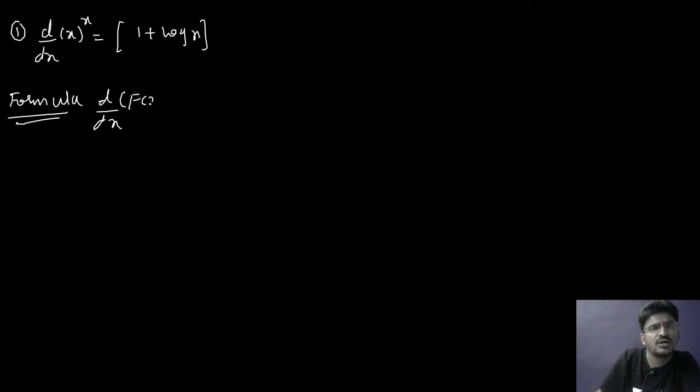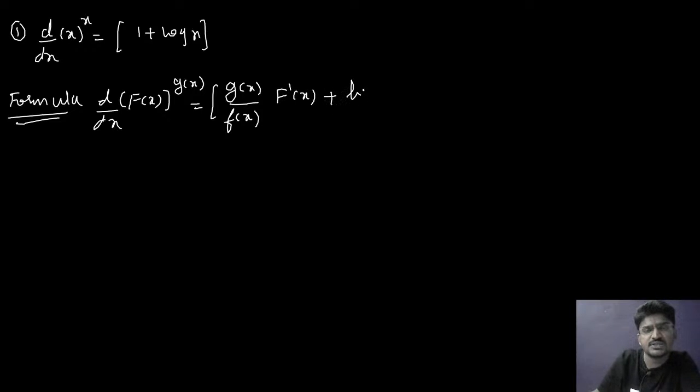You just see. You have to remember one short formula, that is differentiation of f of x to the power of g of x. That will be equal to g of x divided by f of x into f dash of x plus log of f of x into g dash of x.